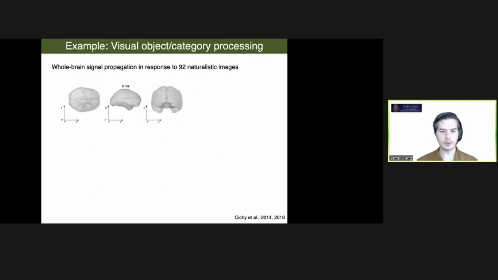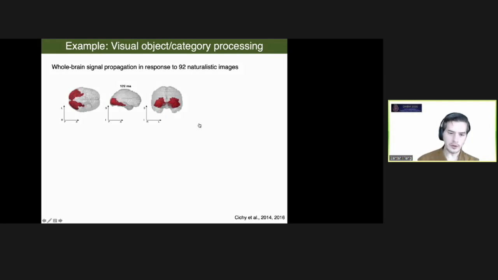Okay, so now let's go through some other examples. By way of showing the first example, the original, the canonical application of this method is with the ventral visual stream of object processing. And I'm citing two studies here from Radoslaw Cichy.